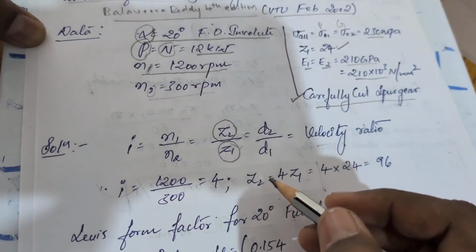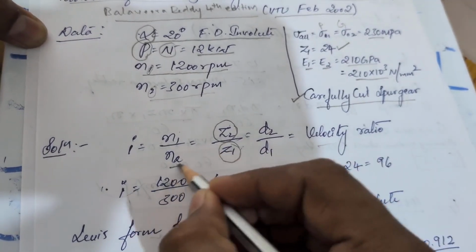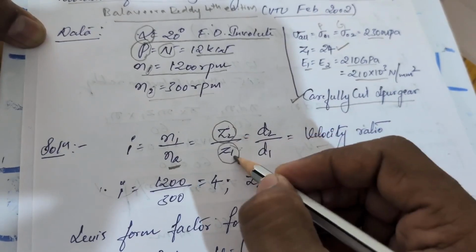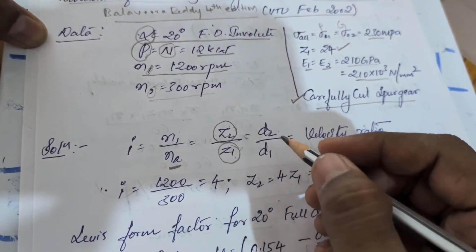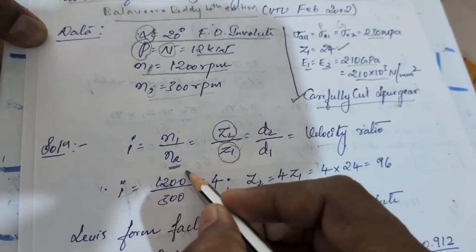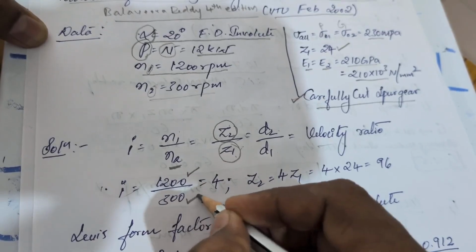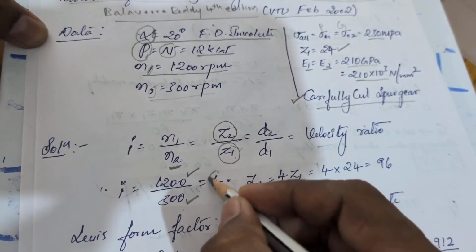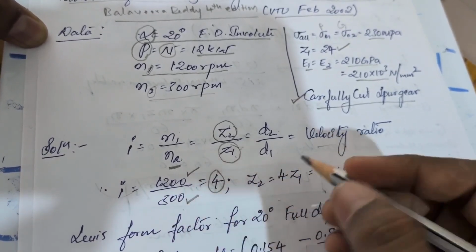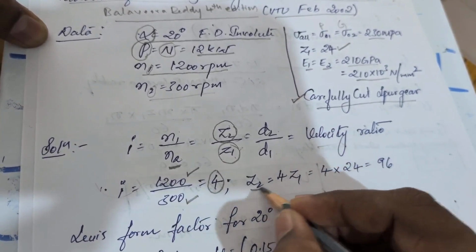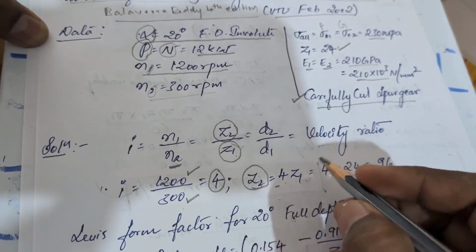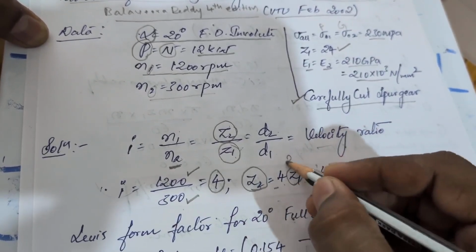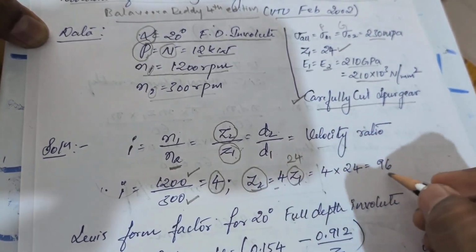So n1 by n2 is equal to z2 by z1 is equal to d2 by d1. So n1 is 1200, n2 is 300. You will get the value as 4. Z2 is equal to 4 into Z1. So Z1 is 24. If you substitute that value, you will get 96.